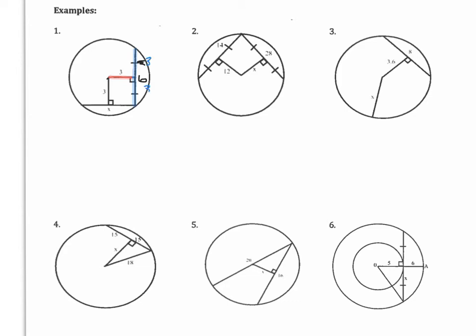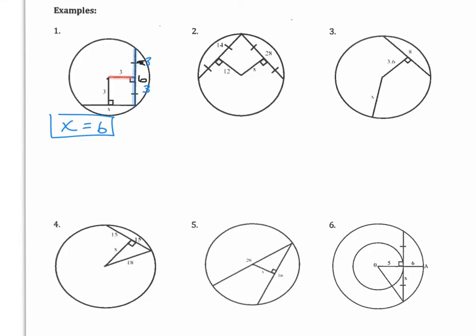So that's 3 and that's 3. So x is 6 because this chord and this chord are both perpendicular and they're both the same distance away from the center, so you know they're congruent. So it's 6.